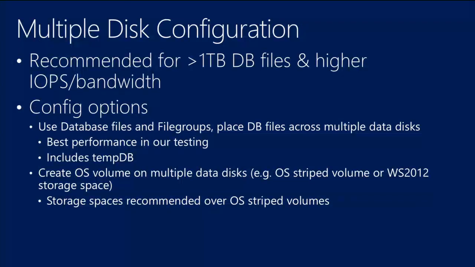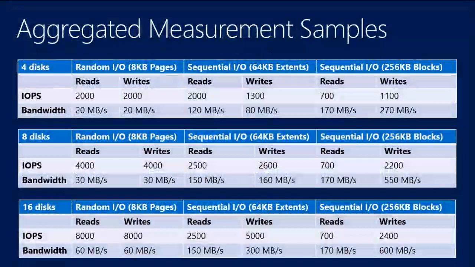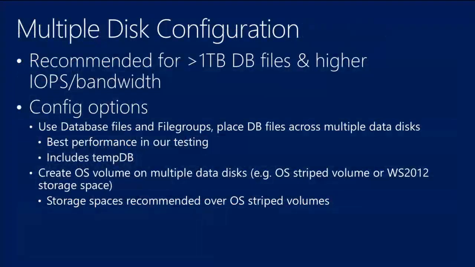But I'm going to concentrate on database files and file groups because we found it's significantly faster than OS striping. I think I mentioned that somewhere, but in case I don't, definitely use database files and file groups to spread out your load if you want to use multiple disks. Choose that over the OS striping.